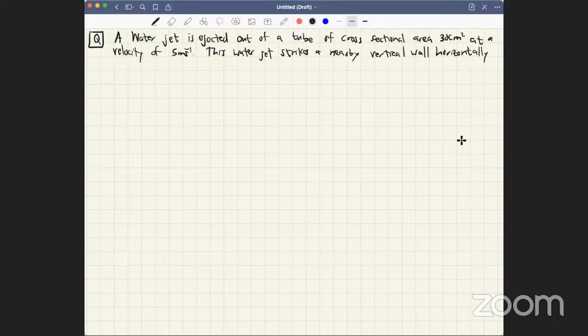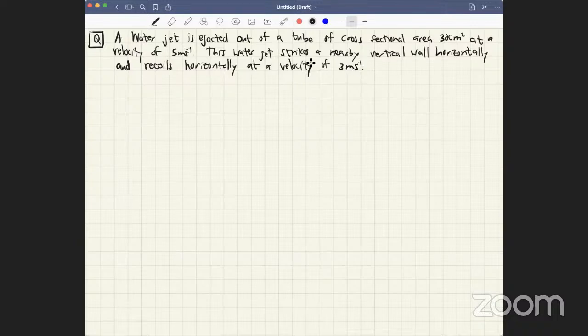This wall is vertical, the water jet is hitting it horizontally, and recoils. What is the meaning of recoil, people? I think this is not a new word to us. Recoils horizontally means rebounds, bounces back in the same direction, retracting through the same path exactly, at a velocity of 3 meters per second.